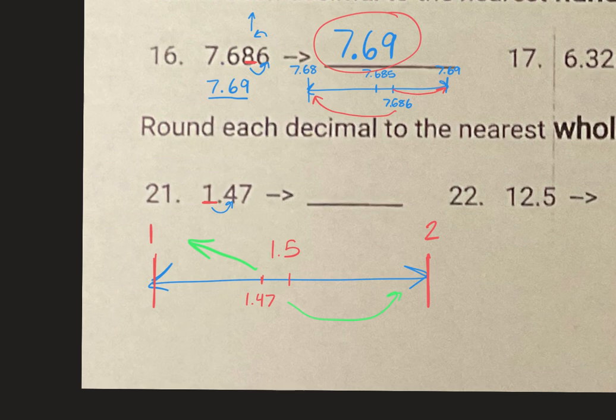So our number will actually round down to 1. That 1 does not change. The 1 itself does not go down to a 0. But this number right here is closer to 1. So this is the rounding down part. We round down to 1 instead of rounding up to the 2, because it's closer to the 1.